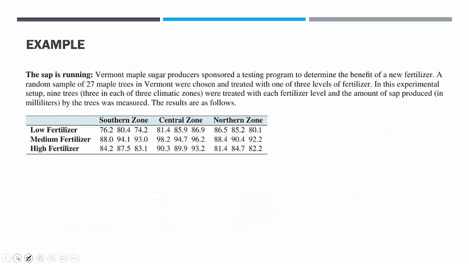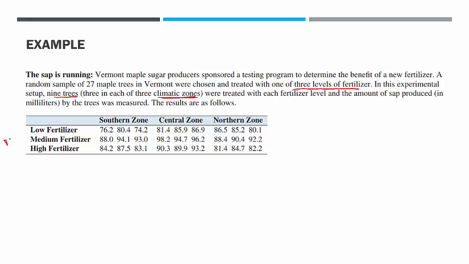Let's look at a more concrete example here. This is an example of data from some maple sugar producers in Vermont. They set up a testing program to determine the benefits of a new fertilizer. They took a random sample of 27 maple trees altogether, and they were treated with one of 3 levels of fertilizer, but they decided to split those 27 trees up into 3 groups of 9 to test each different fertilizer type in each of 3 different climatic zones.